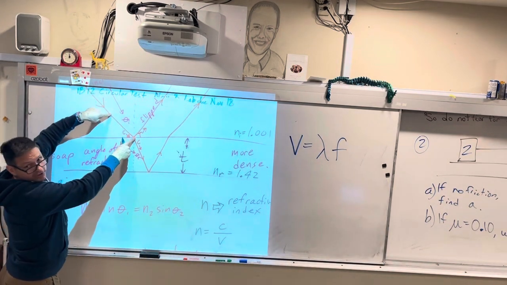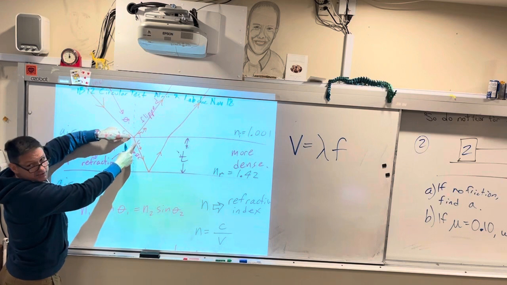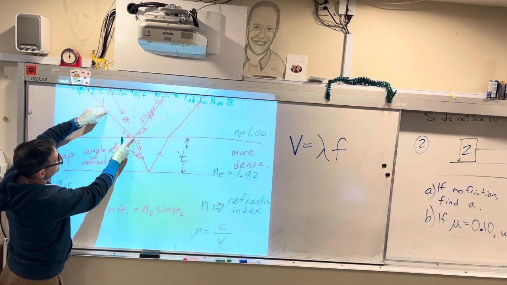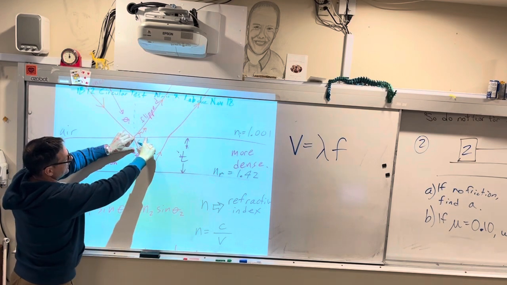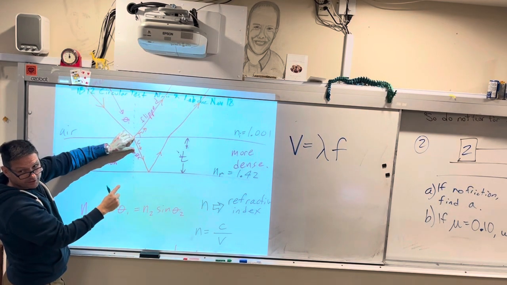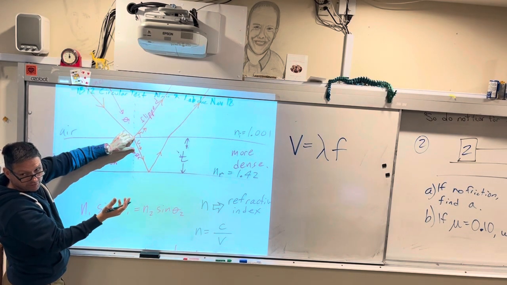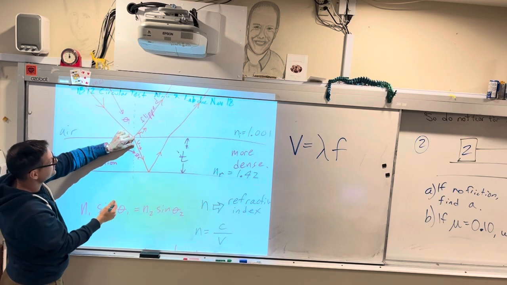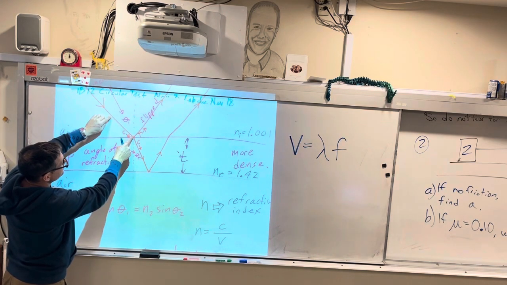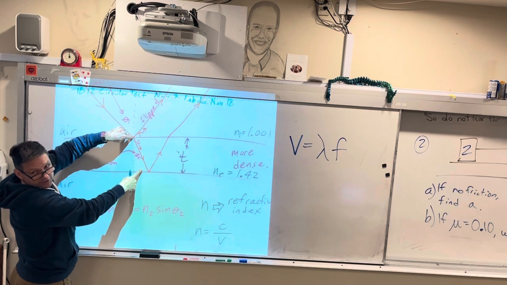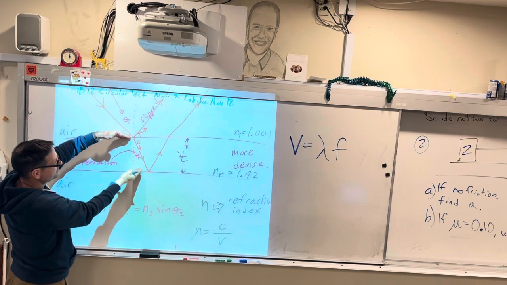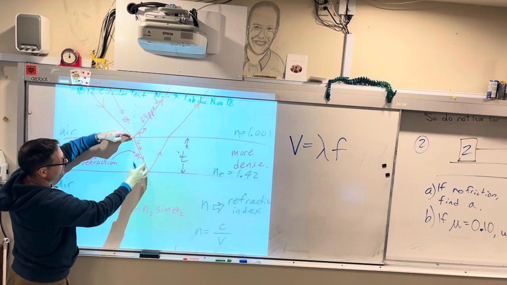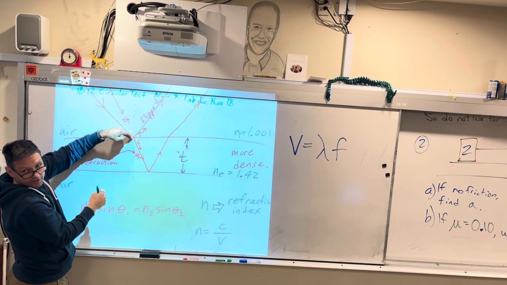You come down here and your wavelength changes to 1 when it's inside. If my wavelength goes to 1, this only has to be half of 1. If my wavelength stayed the same, if this was 2, then this would only have to be half of 2, which is 1. So the thickness that you need is different because the wavelength in here is different.